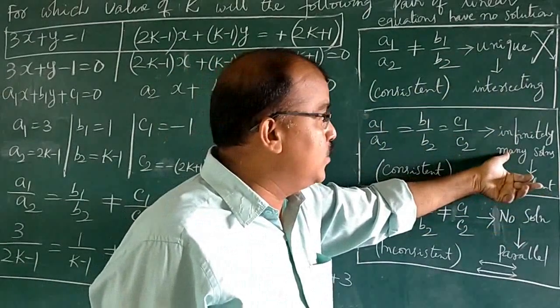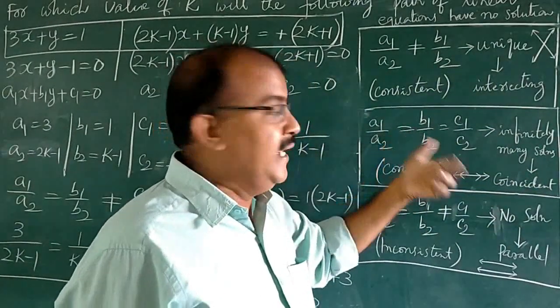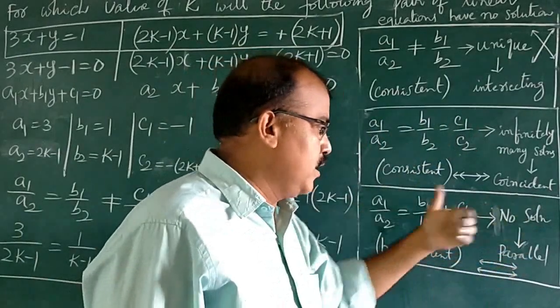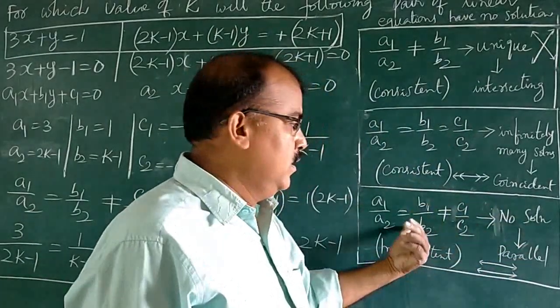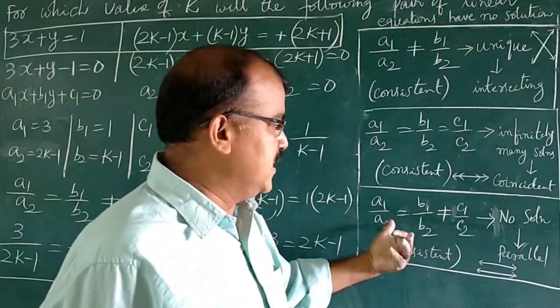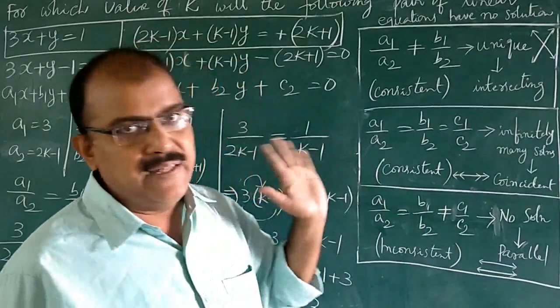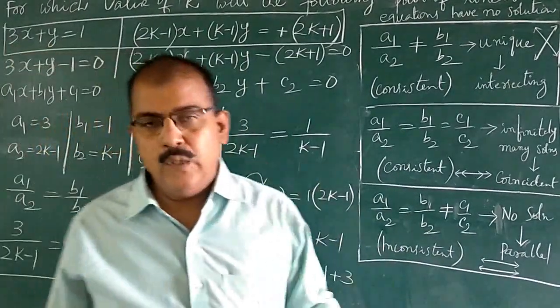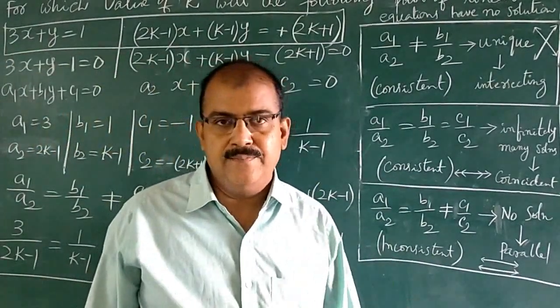Sometimes for infinitely many solutions, or coincident, you can use this condition only. Sometimes no solution, parallel, or inconsistent also uses this one. So this is a very important topic. Okay, thank you very much.